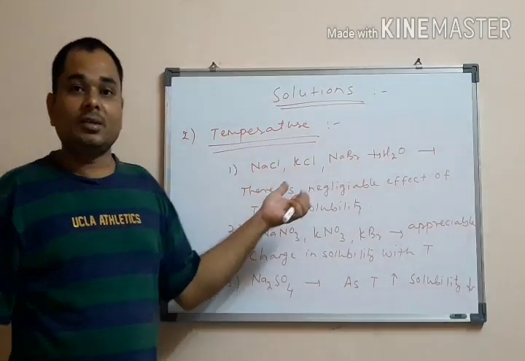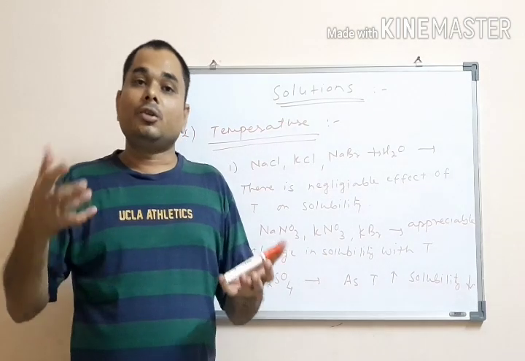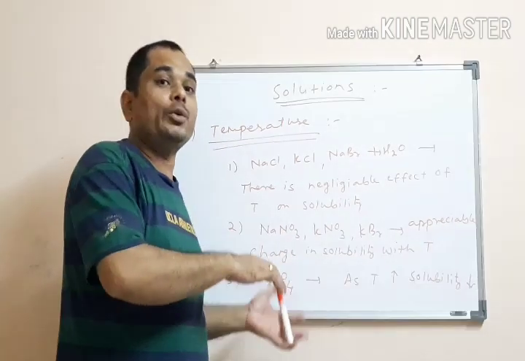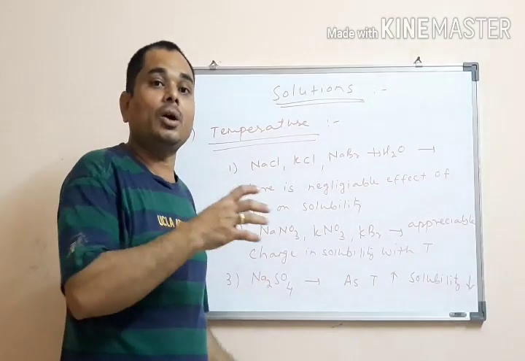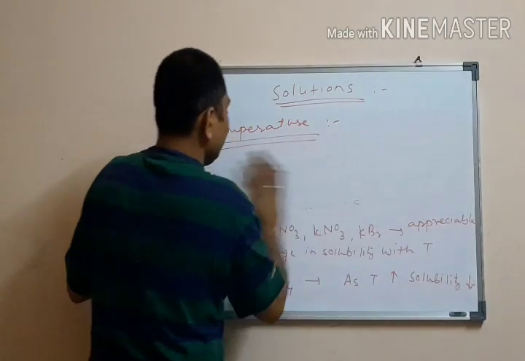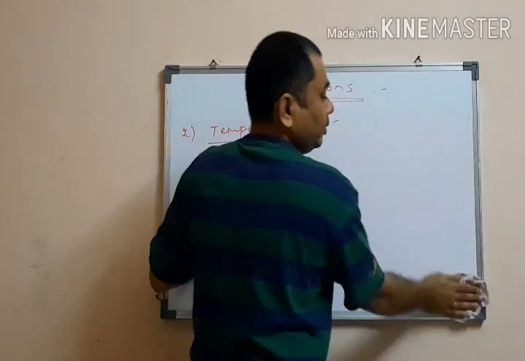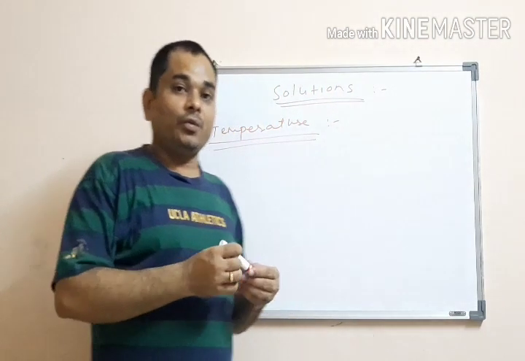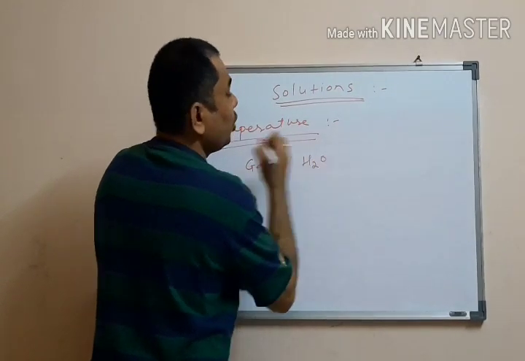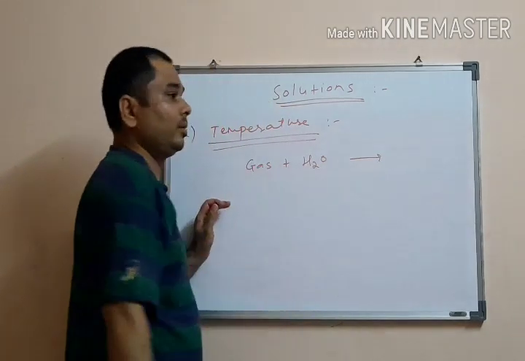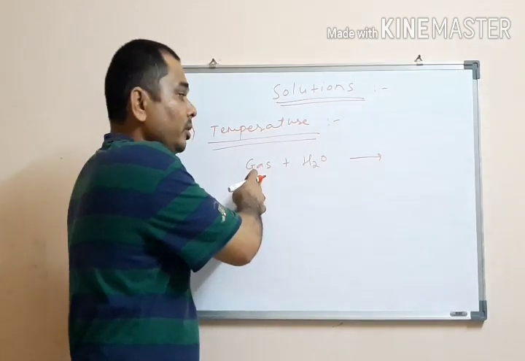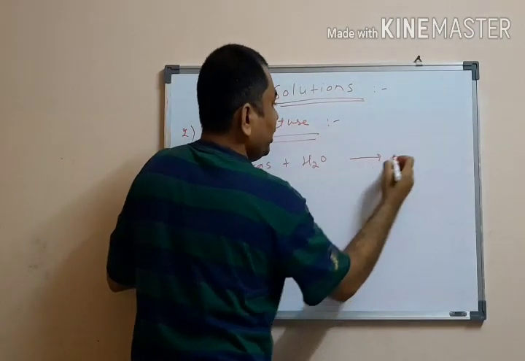Now we have discussed this in case of the dissolution of solids into liquid solvents. Now what happens in case of gas? See, gases behave differently when it comes to the effect of temperature on the solubility. When a gas is dissolved in a liquid, say water, the gas molecules in the solution undergo condensation.